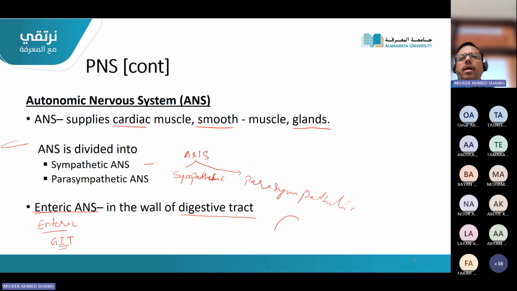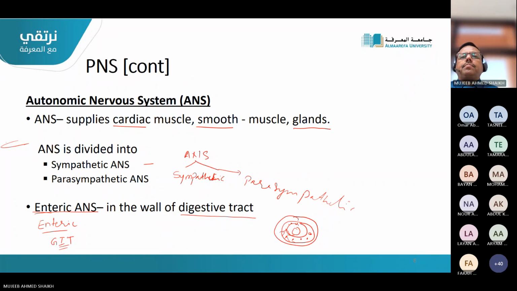If you have gone through the structures, you will see that there are 4 layers everywhere in the GIT. If you cut open the organ, you will find 4 different layers, and in between these layers you will find the neurons or nervous system which are generating the impulse, causing the contraction, and there are too many neurons.